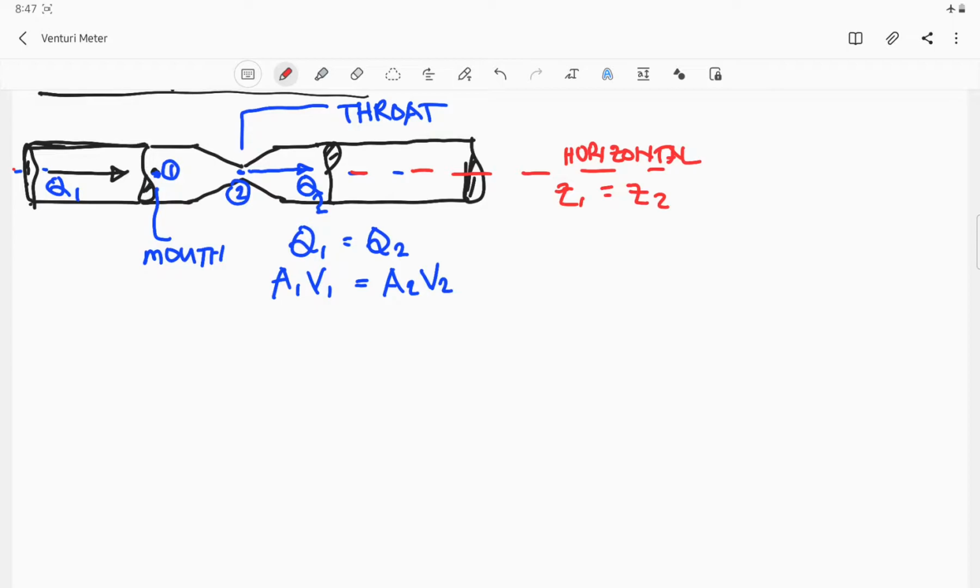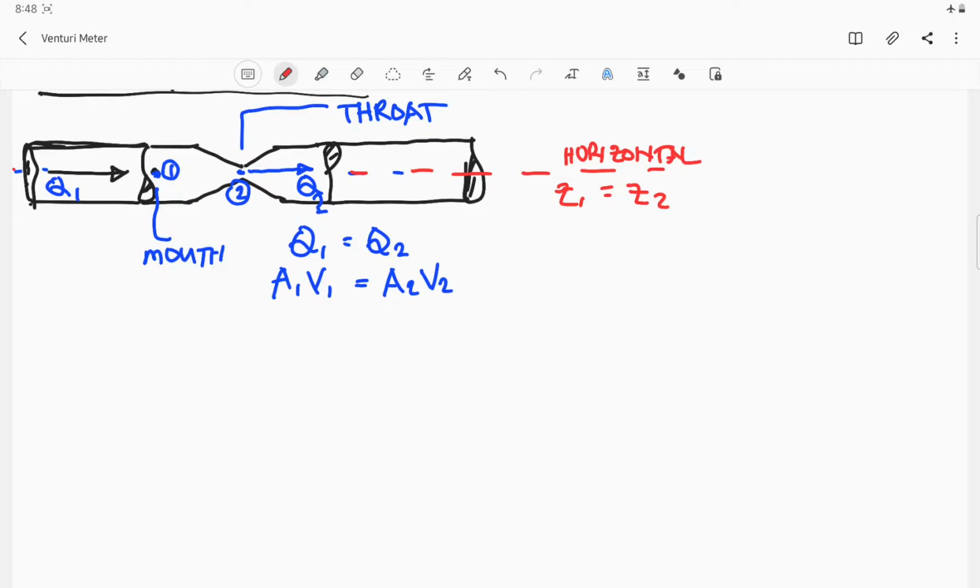It has the ability to measure the flow of the fluid passing through the device by determining the difference in pressure between point 1 and 2.